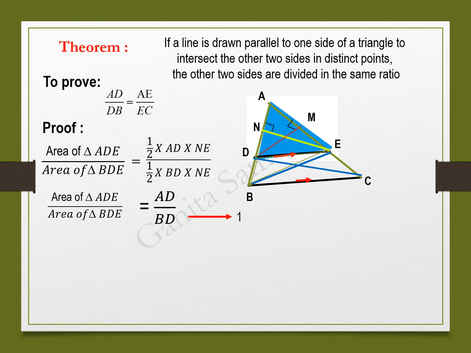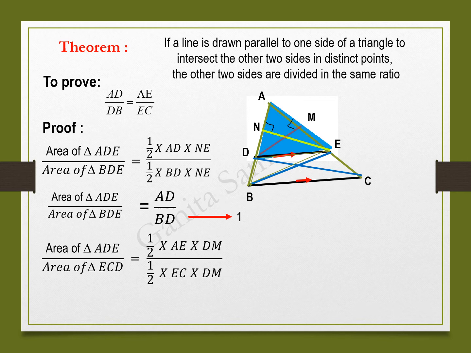Now we will compare triangle ADE and triangle DEC. Now we will consider AE as a base for the triangle ADE and EC as a base for this triangle CDE. That's all. So area of triangle ADE by ECD will now become half into AE into DM. This is the base. AE is the base and DM is the height. And for this triangle EC is a base and DM is a height. So we have half into EC into DM.